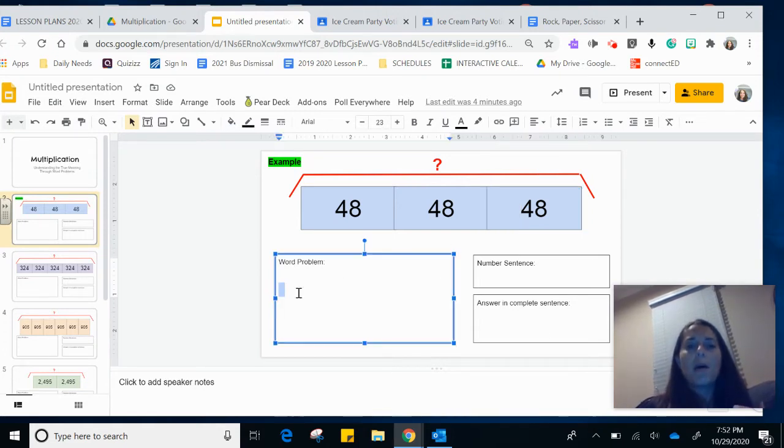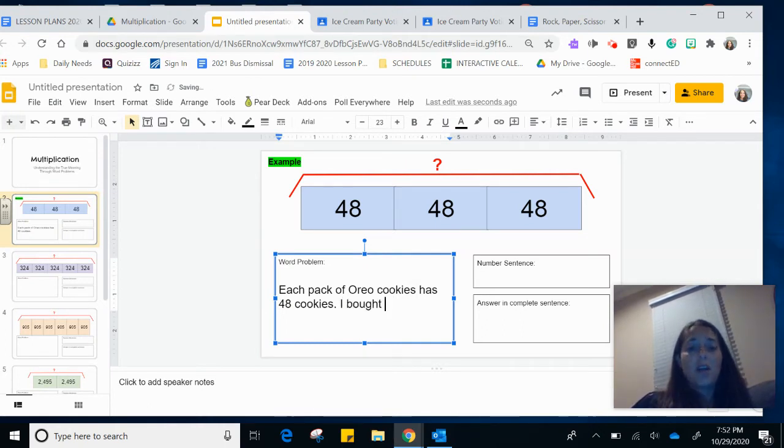And so my word problem has to kind of relay that story. The word problem should both give the information and ask a question. So the information I'm going to say is each pack of Oreo cookies has 48 cookies. So I'm showing that there. Or how about I spell Oreo correctly? Oreo cookies has 48 cookies.